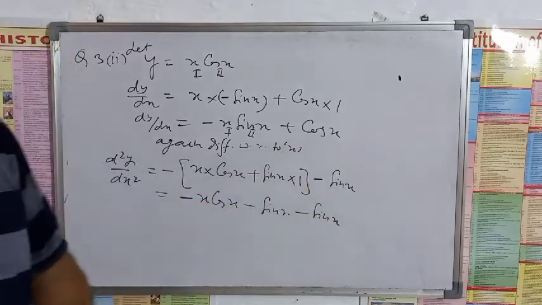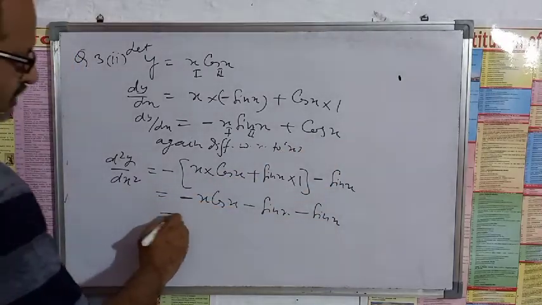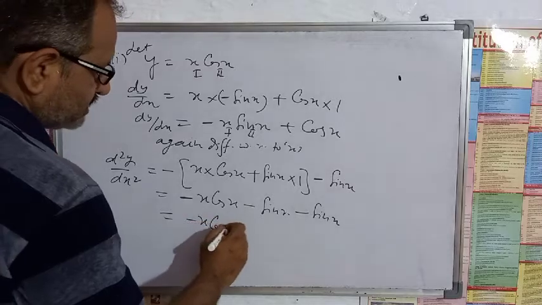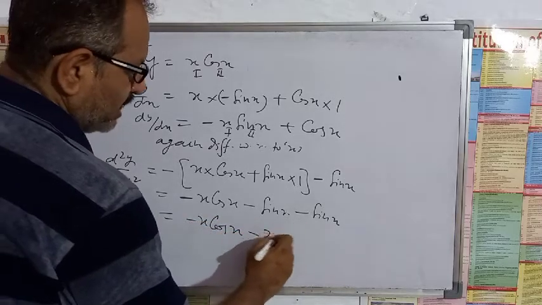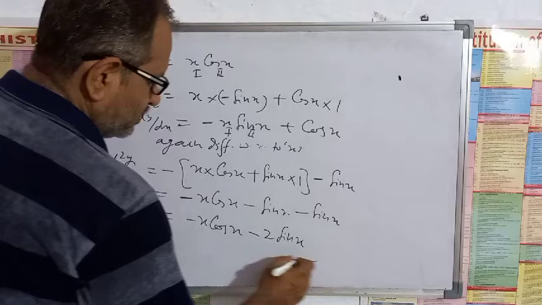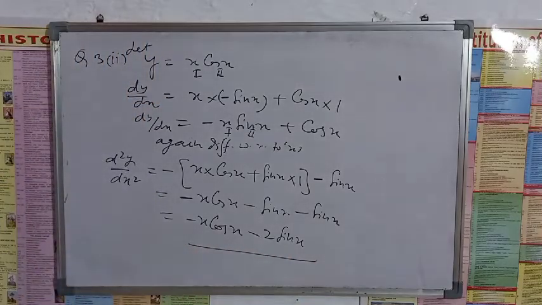Derivative of cos is minus sine x. So minus x cos x minus sine x minus sine x, minus 2 sine x. So it was question number 3, second part. Second order derivative means we have to differentiate the given function 2 times.